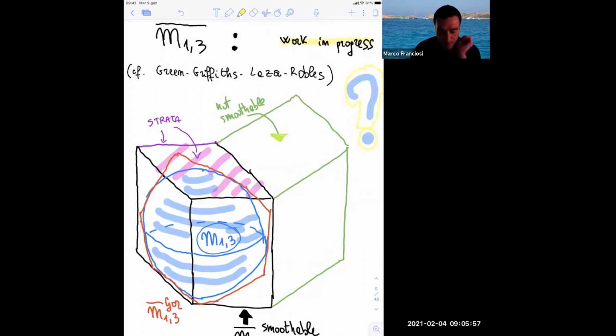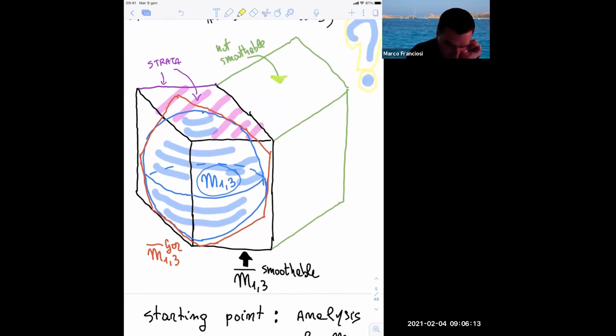Okay, what does this picture mean? This picture means that we have M_{1,3}, which parameterizes smooth surfaces, and then it is included in the main component, which is called the smoothable component of the closure of M_{1,3}. And we have some boundary divisor, just here for instance, and some other strata of lower dimension.